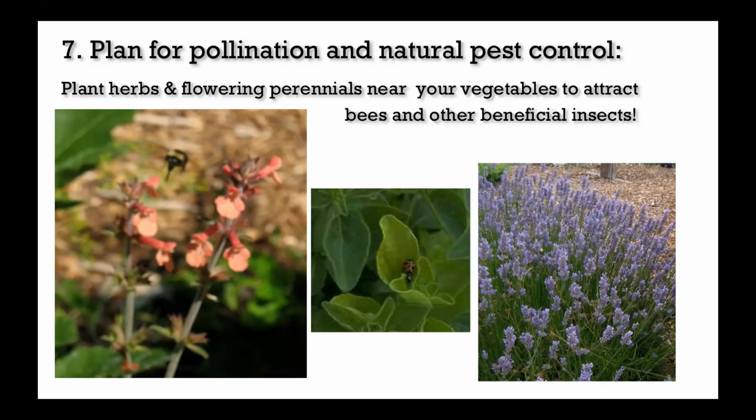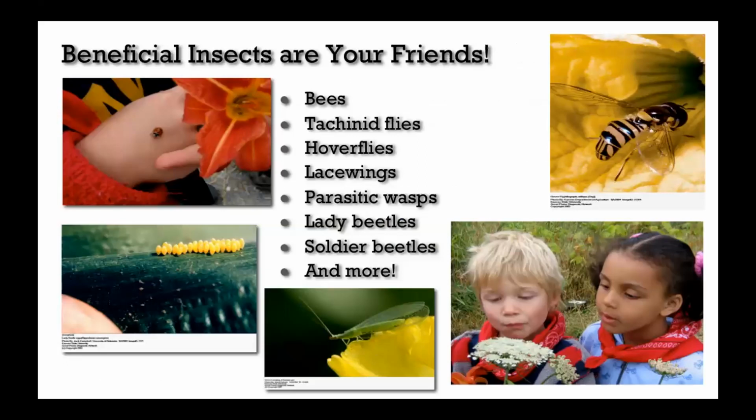It's maybe that there's not enough other things around attracting the pollinators so that they find your flowering vegetables. And beneficial insects are your friends. Some of them eat aphids, and a lot of them will also pollinate plants, whether on purpose, like bees do, or accidentally, because they're visiting the flowers as well.